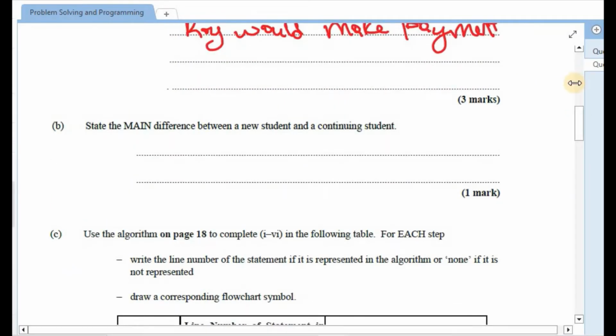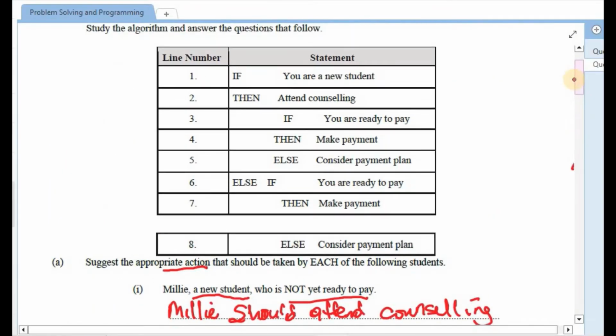B says to state the main difference between a new student and a continuing student. So let's backtrack. A new student has to attend counseling. If we proceed to the bottom, a continuing student does not have to attend counseling. A new student is expected to make payment, so does a continuing student. A new student considers a payment plan, so does a continuing student.